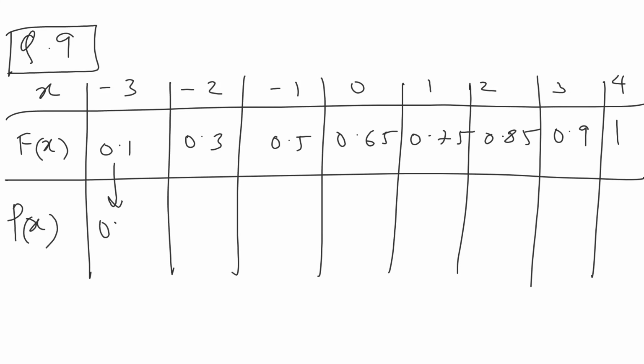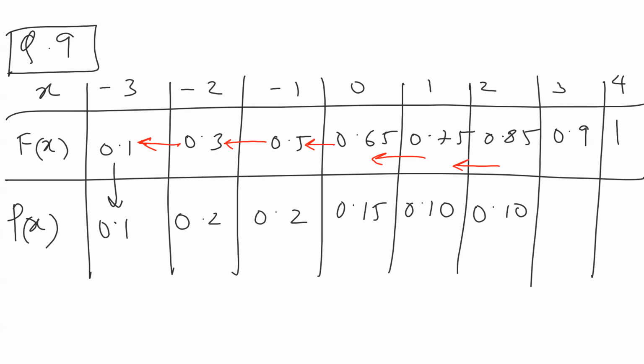The first value will be as it is, 0.1. Now the second value will be calculated in this manner, 0.3 minus 0.1, that is 0.2, 0.5 minus 0.3, 0.2, 0.65 minus 0.5, that is 0.15, 0.75 minus 0.65, that is 0.10, 0.85 minus 0.75, again 0.10, 0.9 minus 0.85, so that is 0.05.